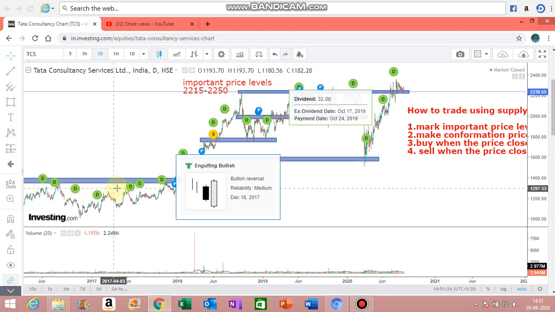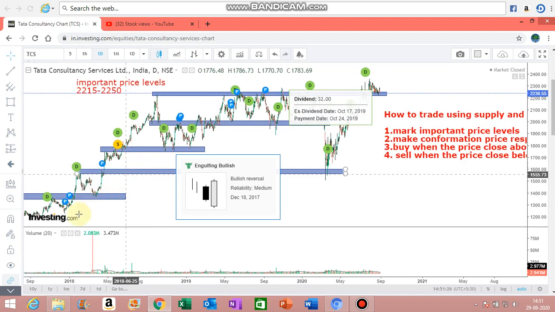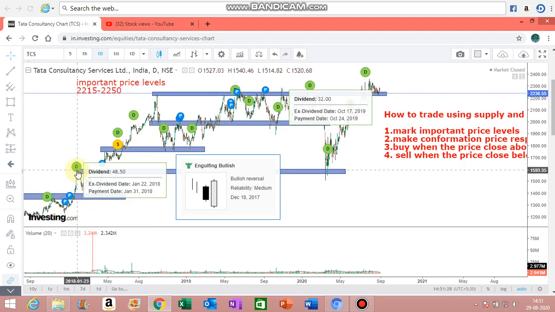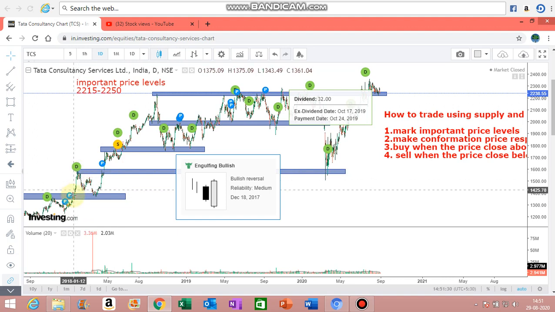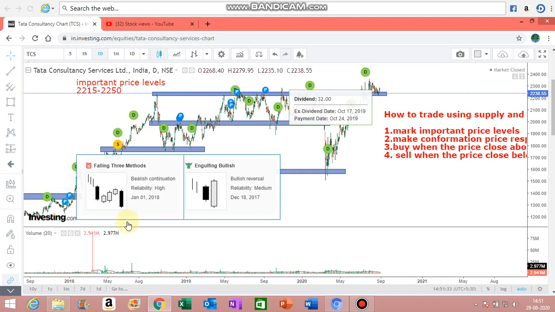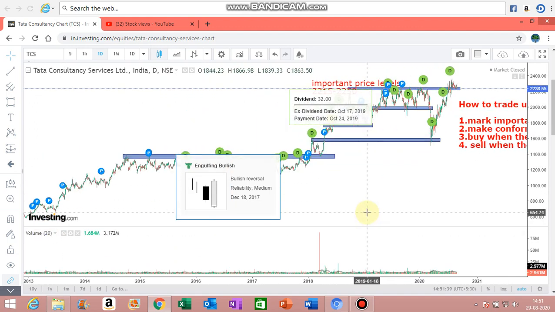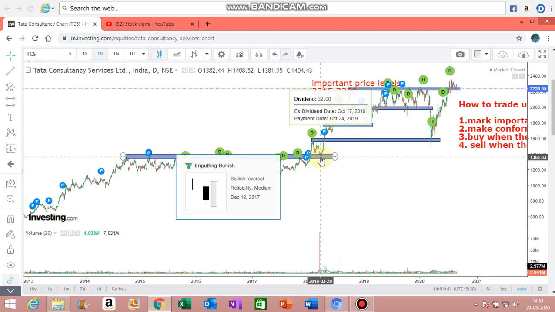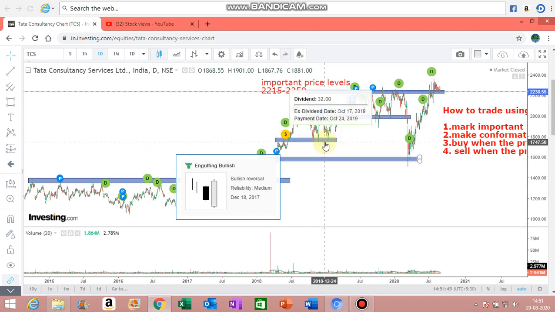Previously it was a supply zone. Once the price breaks here, and it went up and closed above the supply zone, then it has converted to demand zone.